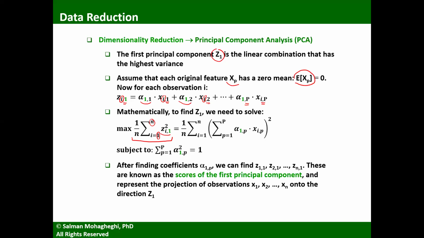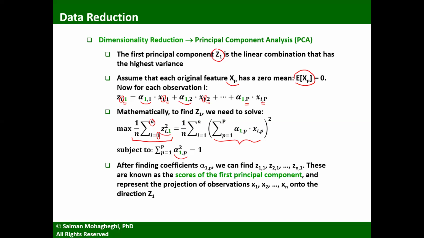Keep in mind, of course, that z_i1 itself is a linear combination of all the original dimensions, so I replace it with that summation. So I want to maximize that nested summation subject to the fact that coefficients are going to be normalized. So the sum of the loading coefficients squared would be 1.